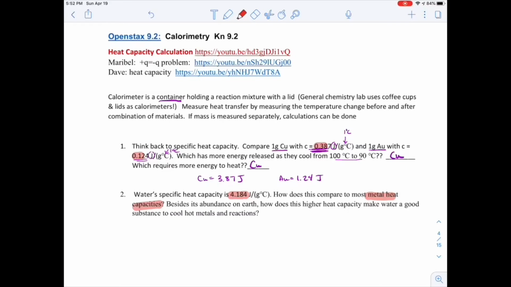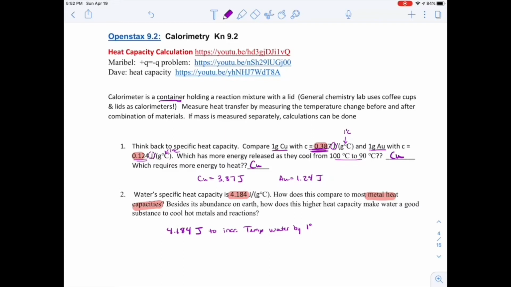Besides water's abundance on Earth, how does this higher heat capacity make water a good substance to cool hot metals and reactions? Water's specific heat capacity says that you're going to have to add in 4.184 joules just to get the water to change upwards by 1 degree.